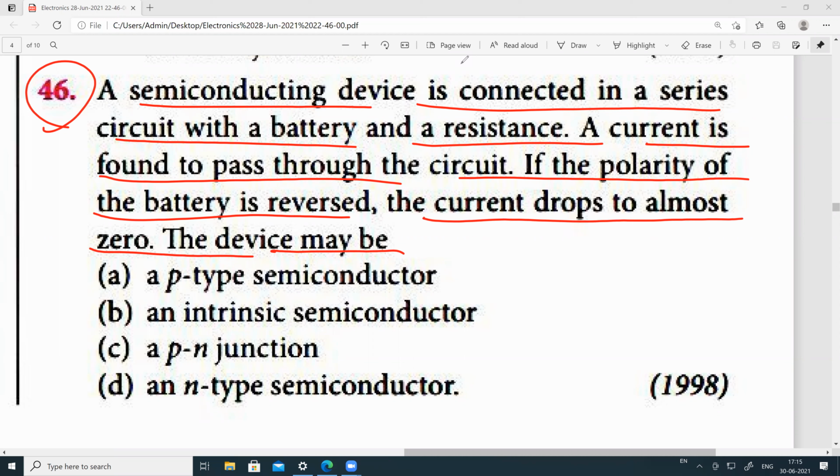The device may be a P-type semiconductor, intrinsic semiconductor, PN junction, or N-type semiconductor. On reversing the polarity of the battery, the PN junction is reverse biased, as a result of which its resistance becomes high and current through the junction drops to zero. Therefore, for the 46th one, option C is the right answer.